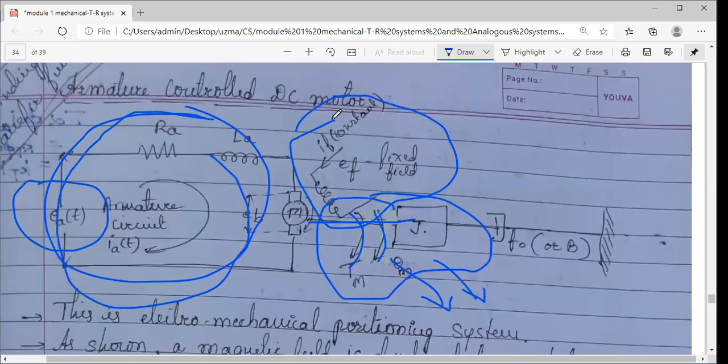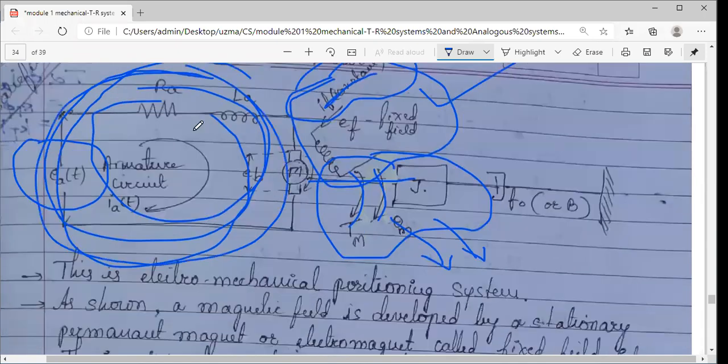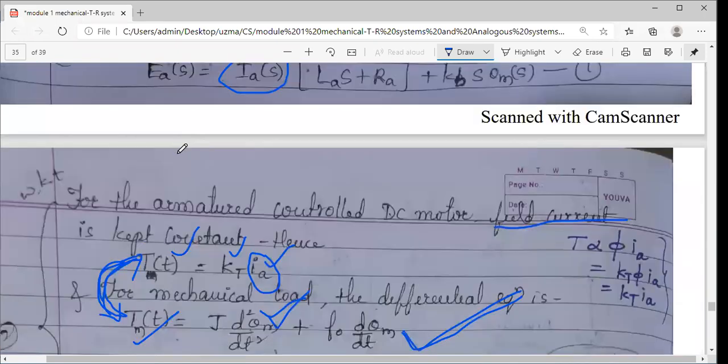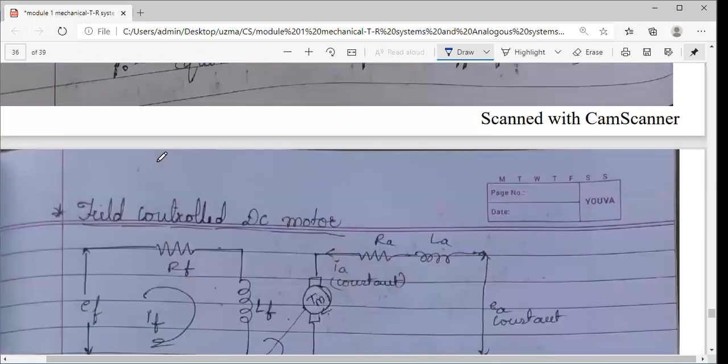So here we are taking this current constant, right? This is constant, and here we are finding these variables. This time what we will do, this armature circuit parameter we will keep constant, and the variable is here, the second type.